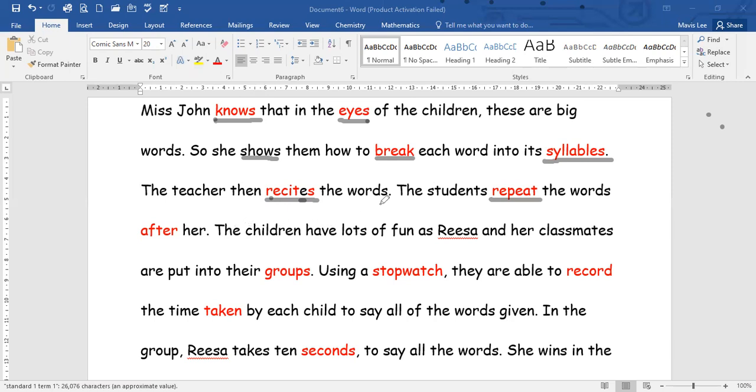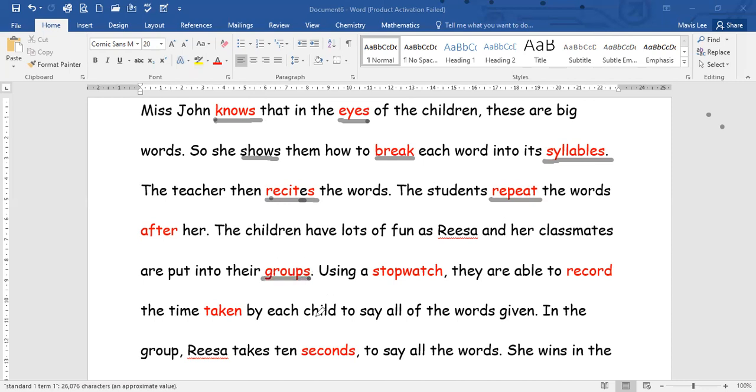The children have lots of fun. Read that part. As Risa and her classmates are put into their, okay, here's another word.